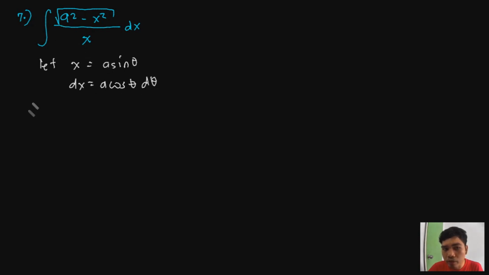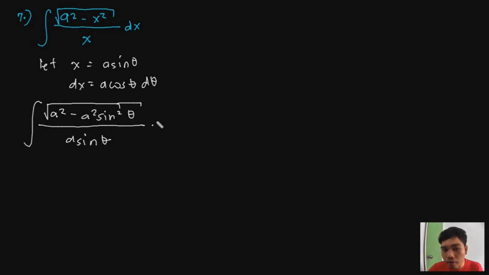And then from this, we can rewrite all the expression in terms of square root of a squared minus a squared sine squared theta, and then divided by a sine theta, and then times a cosine theta d theta. Okay?